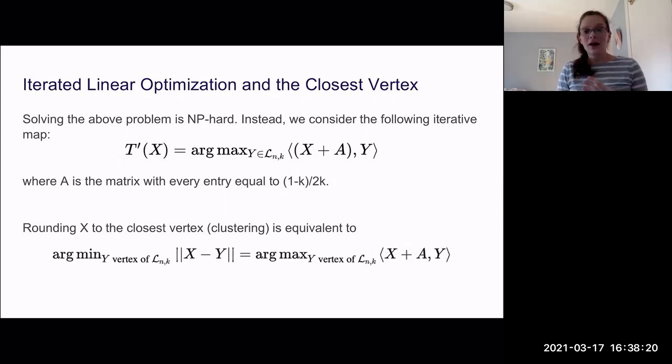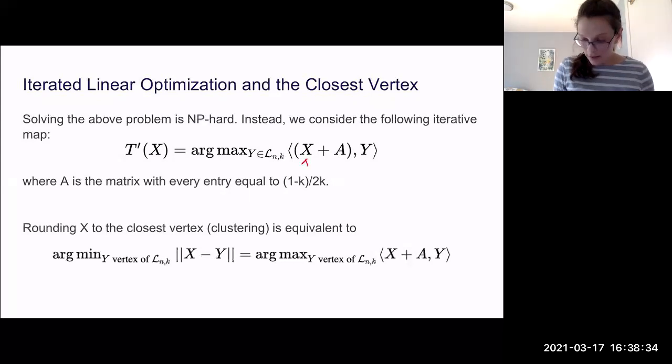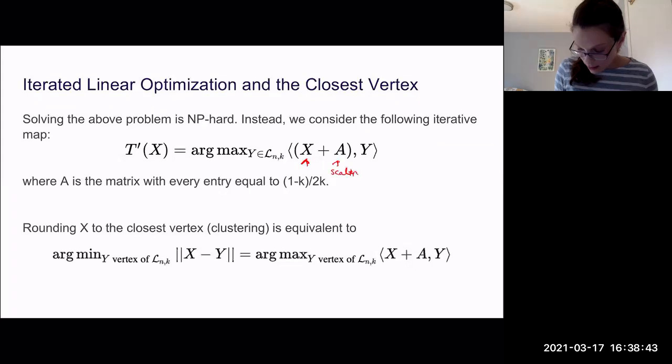So thinking about our iterative linear optimization, to define how I said I'm going to use those distances between vectors to inform my next optimization problem: if I get out matrix X, I'm going to take matrix X and add some scaling matrix A, where it's equal to 1 minus k over 2k for all entries.